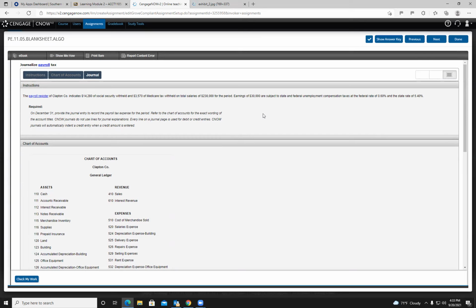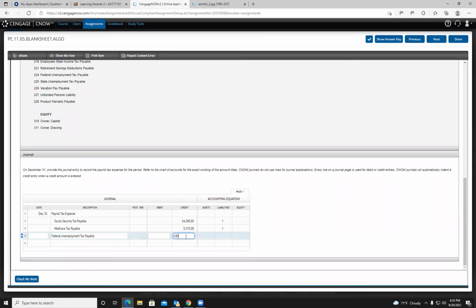So we're going to start by multiplying out the federal, so 30,000 times 0.6% equals $180. And then the state unemployment tax payable, we'll copy and paste that on in. And that is 5.4% of $30,000. So we'll go ahead and do that math. And that is $1,620.